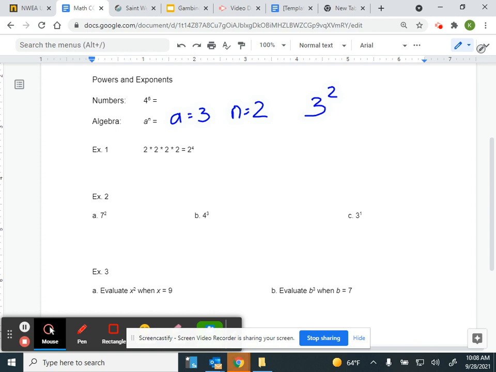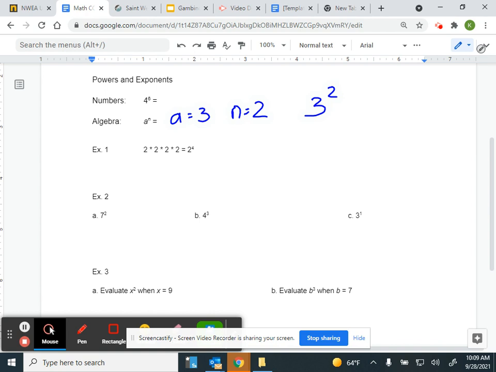So instead of saying to the 2nd power, when we read it out loud, we say 3 squared. Why? It's because when we square something, think of a square, the side times the side are the same. So all lengths of a square are the same size. So when you find the area of the square, it would be 3 times 3. The side times the side, they're the same. So we say it's 3 squared.